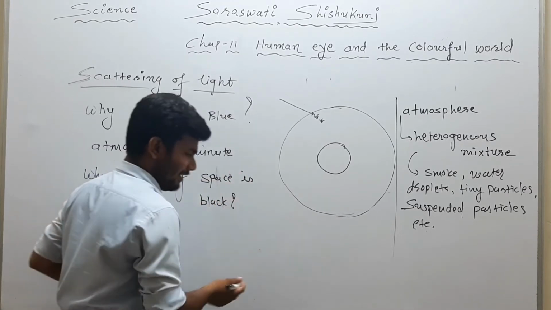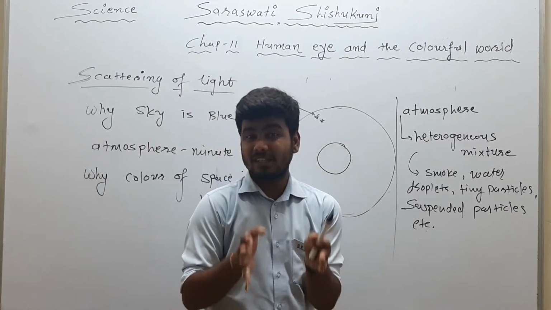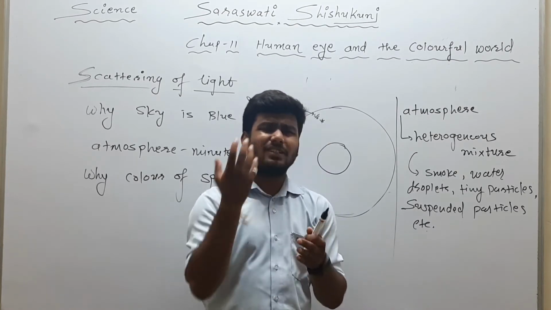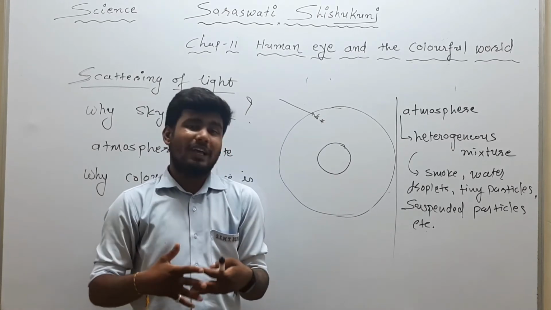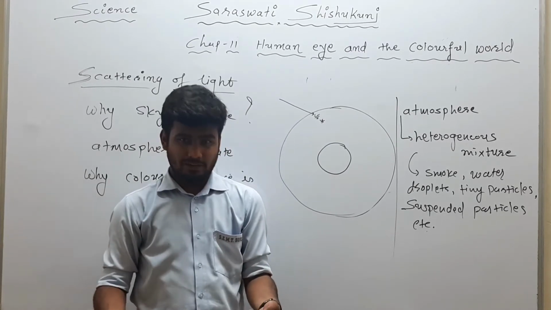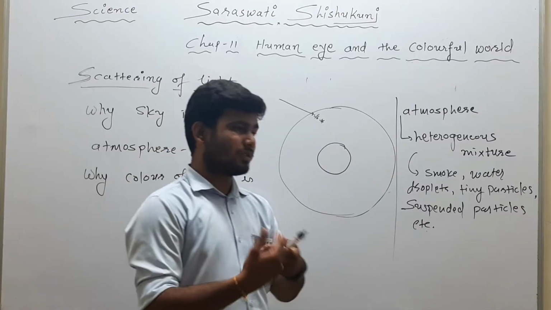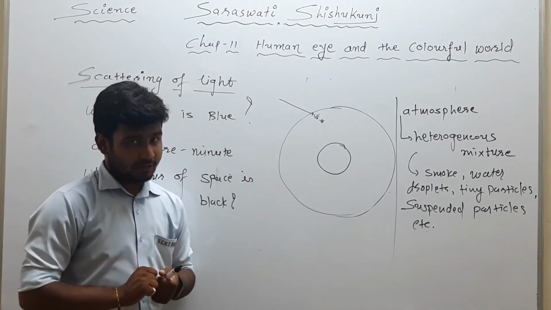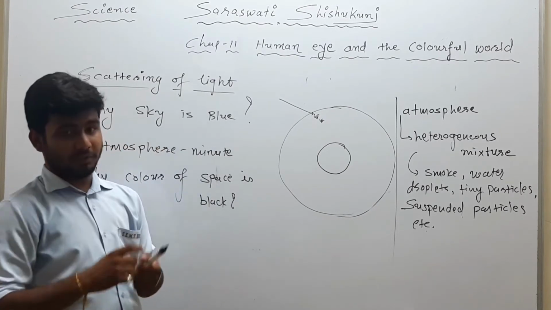Actually, it doesn't have any color, but we know that in space, in vacuum, there is an absence of particles, an absence of atmosphere. So as there are no particles, there will be no scattering, and if there is no scattering, there will be no color, right? So due to the absence of color, it looks black. So that can also be asked as a scientific reason. Now you have got the concept of why the sky is blue and why the color of our universe is black.